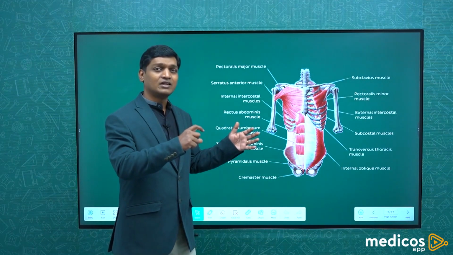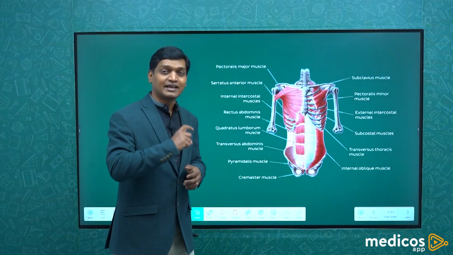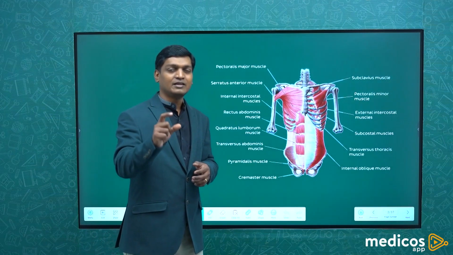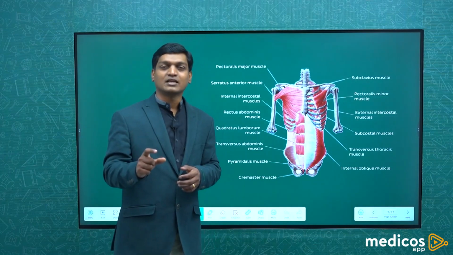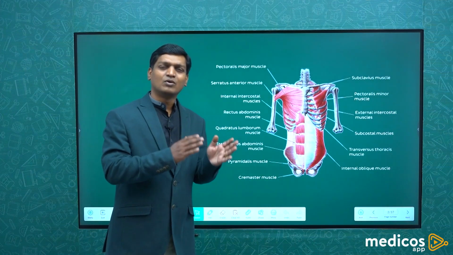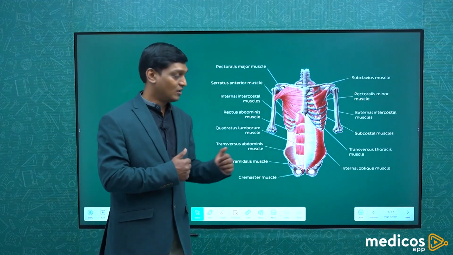Over the inguinal ligament, we have an important structure called the inguinal canal. The inguinal canal is a highly important topic. It can be asked in the exam as well as in the viva. So you need to know the boundaries, contents and clinical aspect of the inguinal canal.